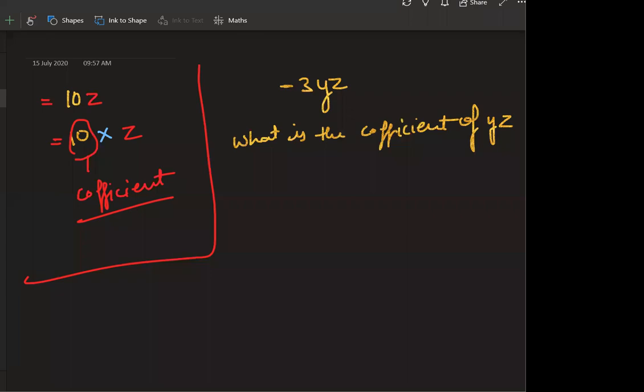Yes, minus 3. The question is asking what is in multiplication with yz. So minus 3 is in multiply with yz, so that is why minus 3 is the coefficient.